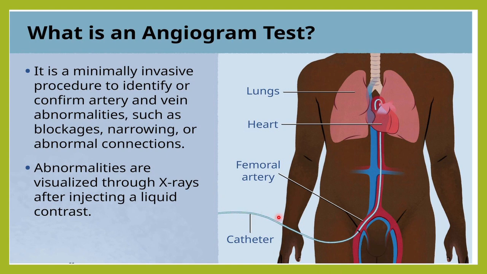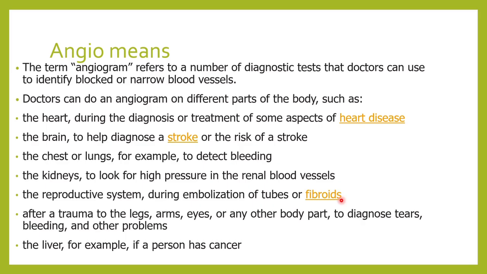Very minimally through just a needle insertion in one of the blood vessels, we reach the vessel, and through injecting some special dyes we take multiple x-ray and find out. So this is a minimally invasive procedure, and the study of this is called as angiogram. So this is done after injecting a liquid contrast.